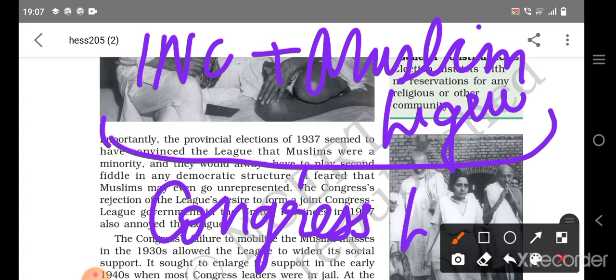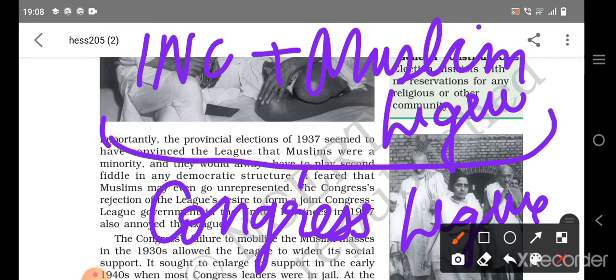So this Congress League party was desired by the Muslim League, and they asked Congress to join it, and to form the Congress League party government over all the United Provinces. But Congress rejected this demand.